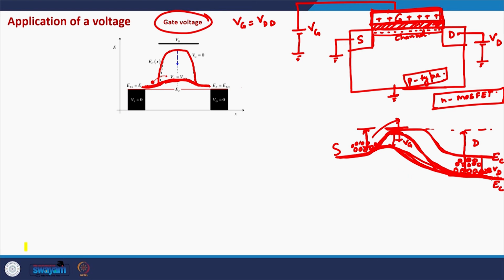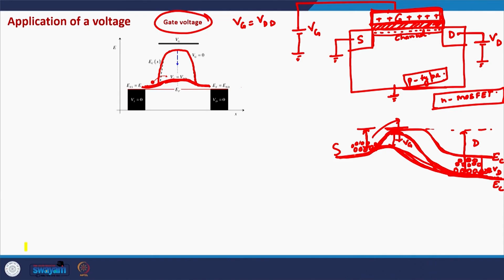But since we are also applying a drain voltage, the barrier for electrons on the drain side is more than the barrier for electrons on the source side, and that is why the probability of electrons crossing the barrier from the source side will be more as compared to the probability of electrons crossing the barrier from the drain side. So there will be a net flow of electrons from the source to the drain side, and that way a net current will start in the device.